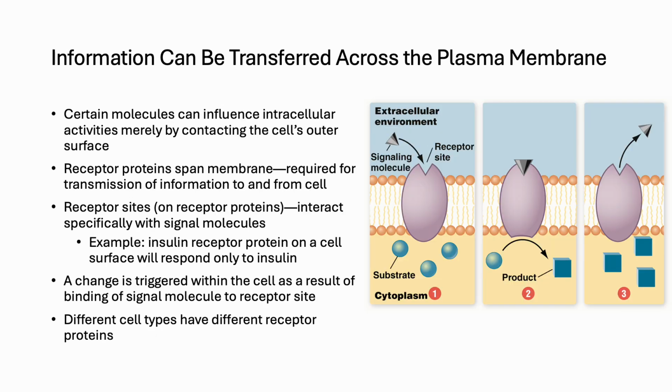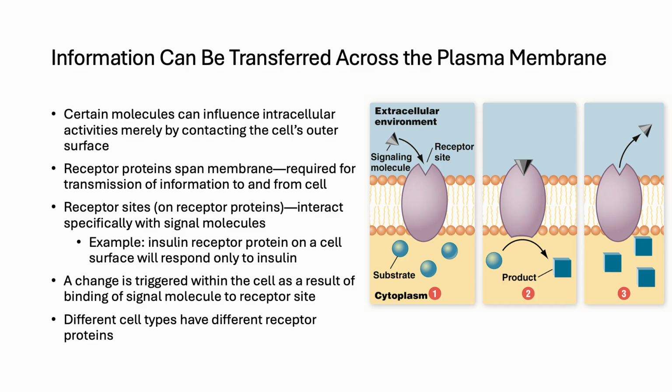The plasma membrane is not just a physical barrier. It is also a communication hub. Cells rely on receptor proteins embedded in the membrane to detect and respond to signals from the external environment. These receptors have specific binding sites for molecules such as hormones or neurotransmitters. When signaling molecules bind, the receptor undergoes a conformational change that triggers a cascade of events inside the cell.